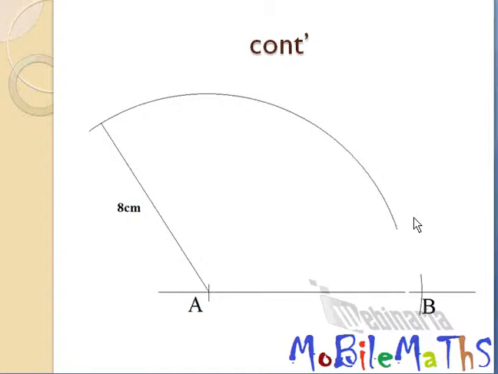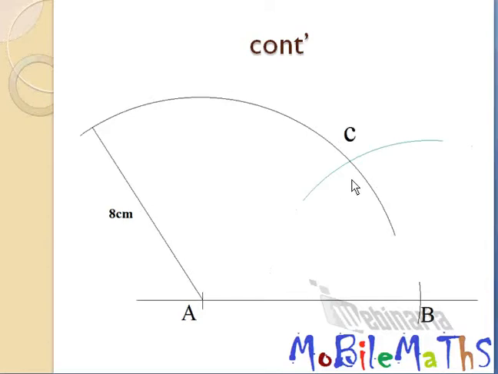For me to identify that point C, I open again my compass on a ruler to measure 6 centimeters. Once I measure 6 centimeters, I can draw my arc where I place my compass sharp point on point B and draw my 6 centimeters somewhere there. So this is what I have.